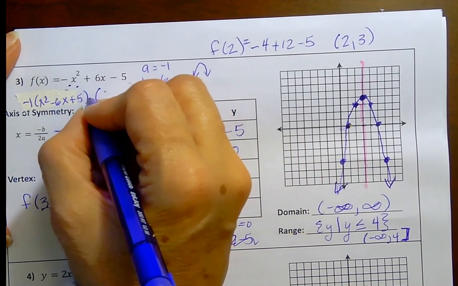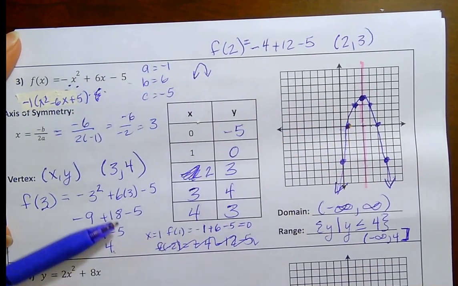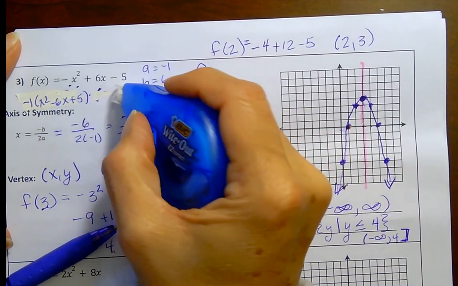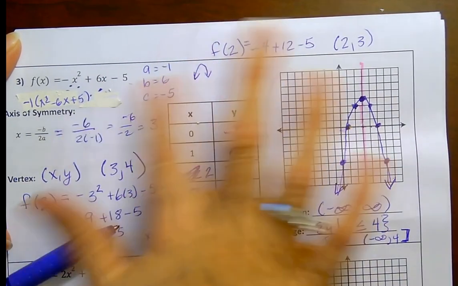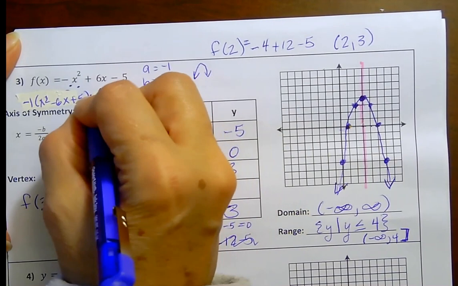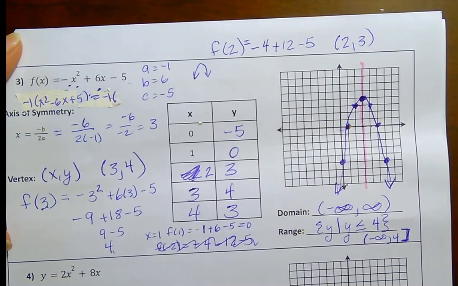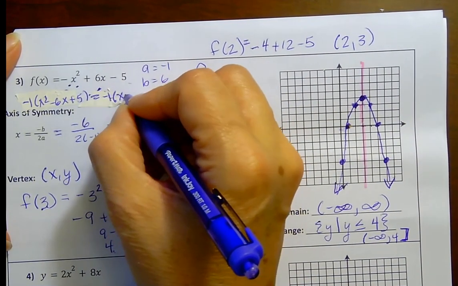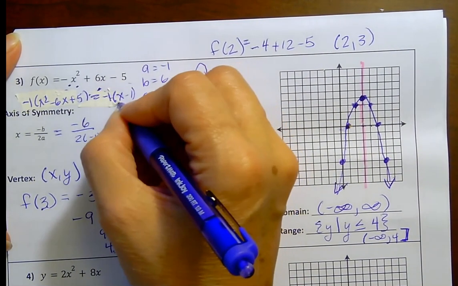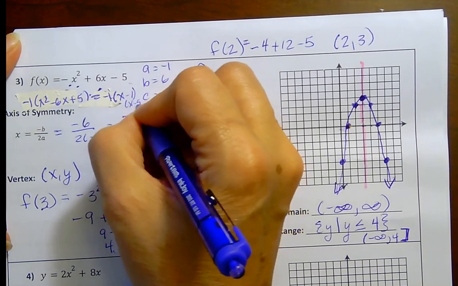So we're going to write that as the same as negative 1 times x minus 1 times x minus 5.